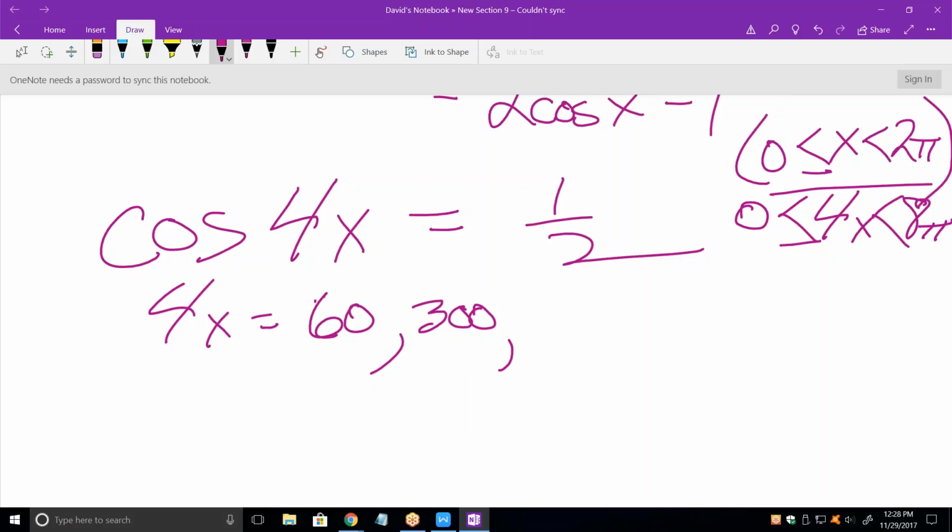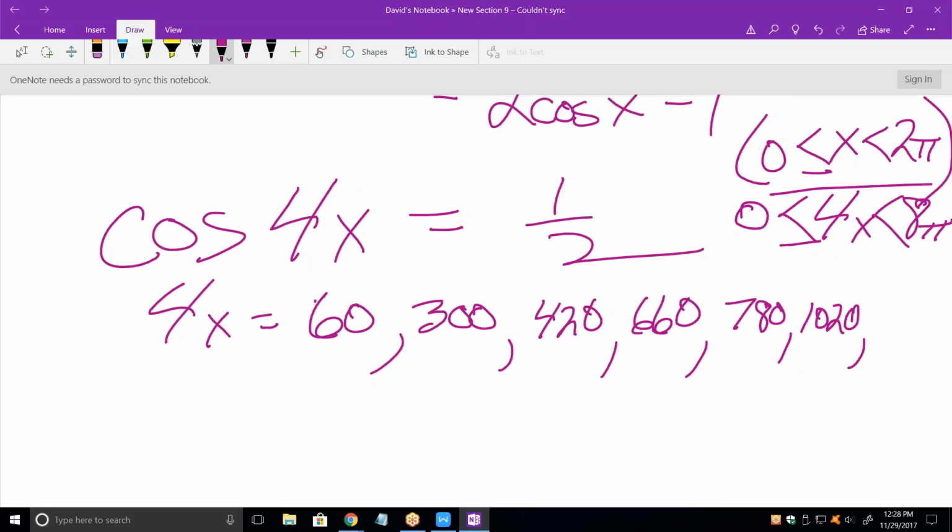What's the next one? What's the second unit circle's answers? It'd be 420. And? 660. And the third unit circle answers? 780. And? 1020.